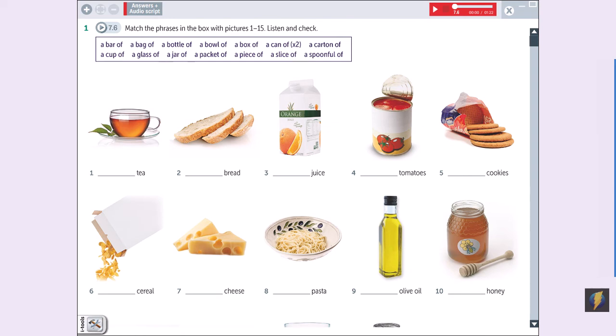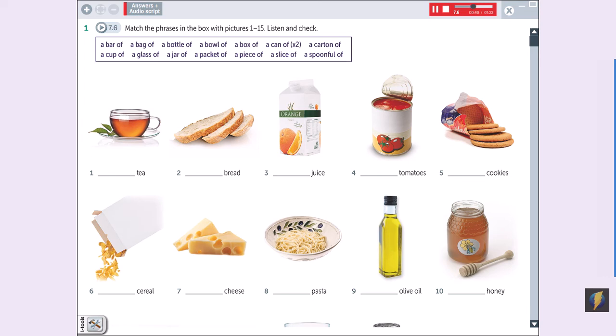1. A cup of tea. 2. A slice of bread. 3. A carton of juice. 4. A can of tomatoes. 5. A packet of cookies. 6. A box of cereal. 7. A piece of cheese. 8.